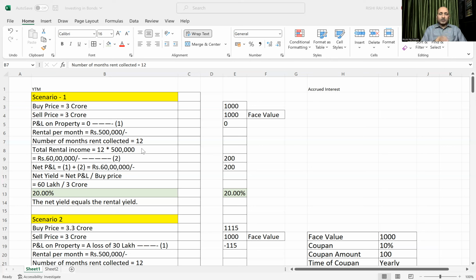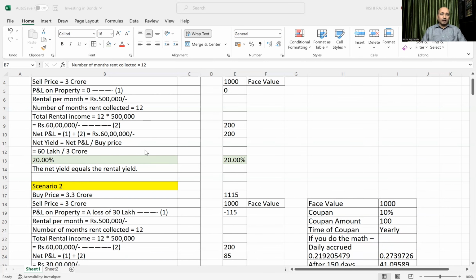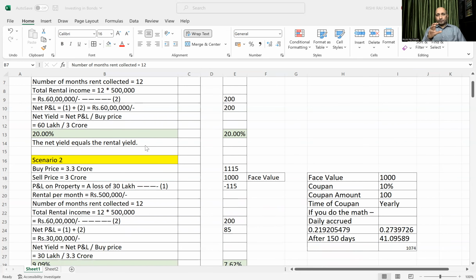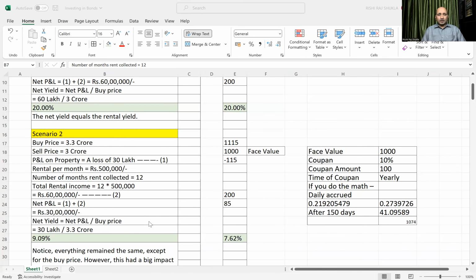Let us tweak this situation a little bit. If in place of 3 crore, you purchased the same property at 3.3 crore and the rest is all the same, that is, the sale price will be 3 crore, rental income the same 5 lakh per month or total 60 lakh. In this case, there are some changes.